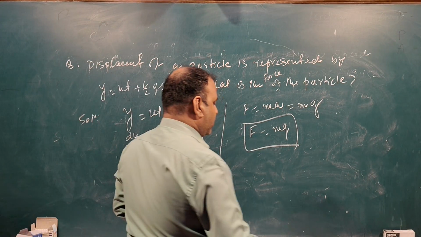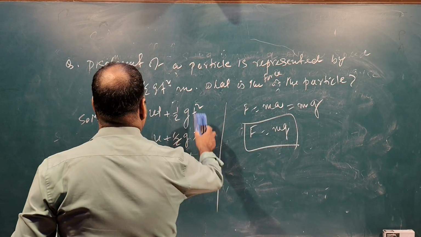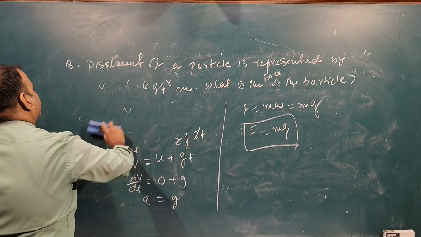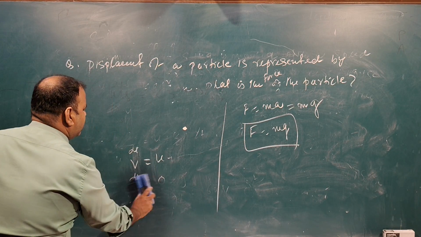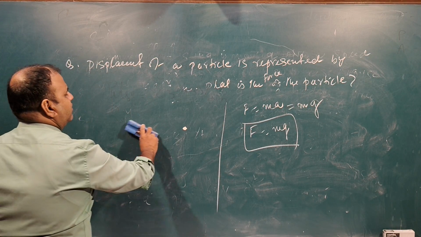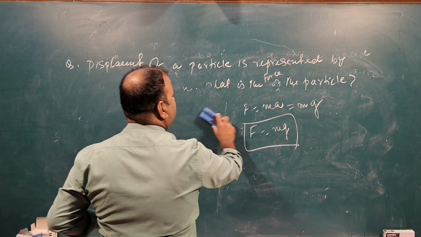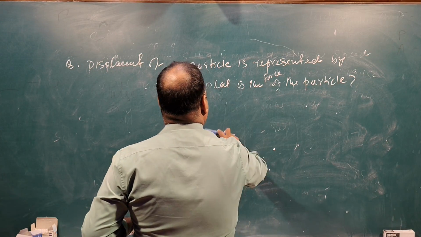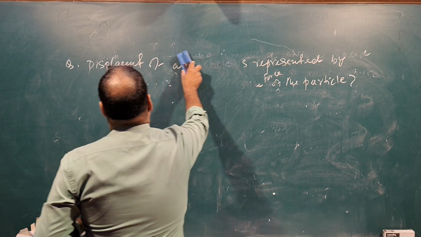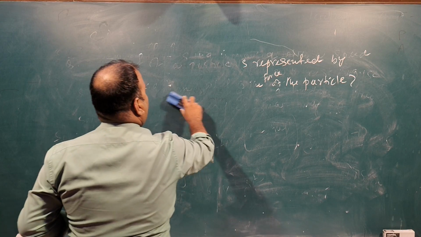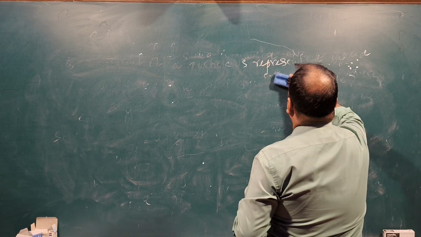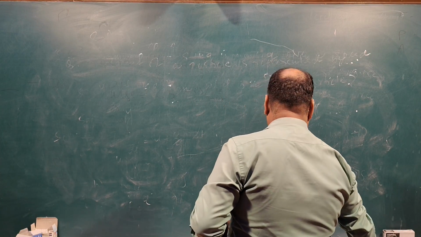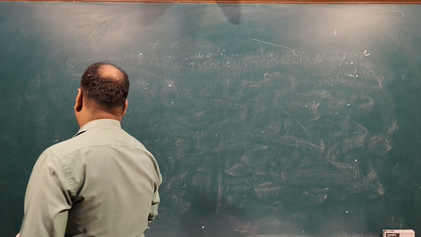Now see, when we are talking about two-dimensional collision, elastic collision, one-dimensional elastic collision, at that time you have to remember all these formulas. That means conservation of angular momentum and conservation of linear momentum, you should know.